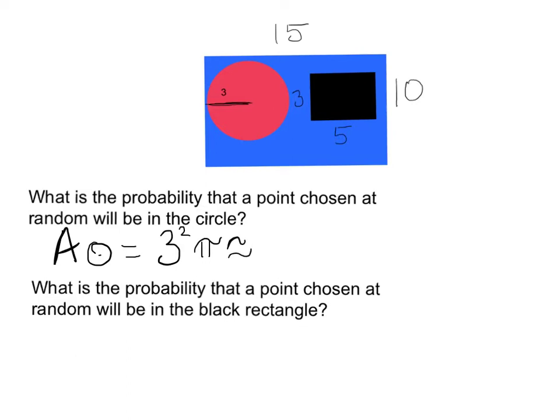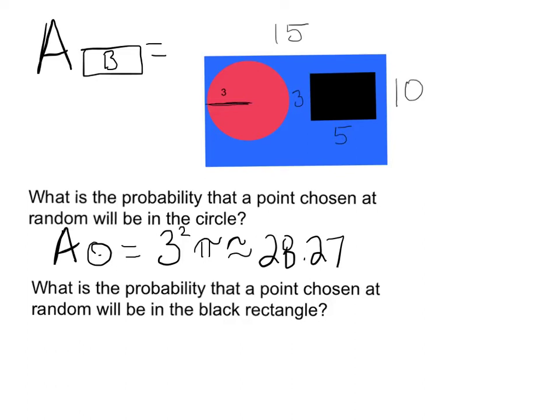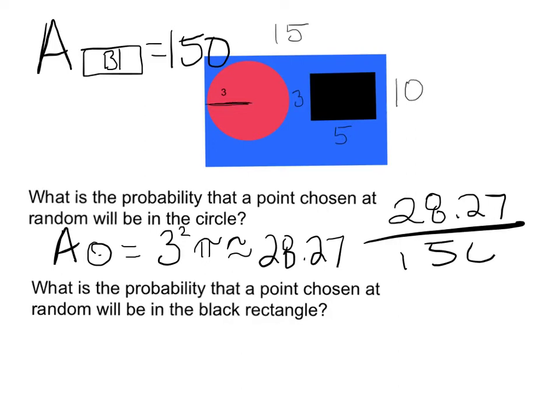That is approximately 28 and 27/100. And then we need to find the area of the blue rectangle. That is 15 times 10, so that's 150. And then we take the area of the circle and divide it by the area of the rectangle.